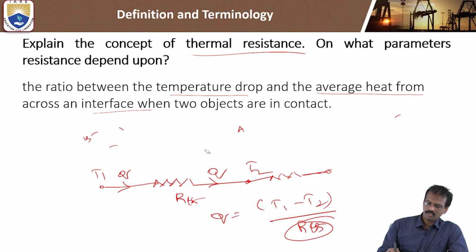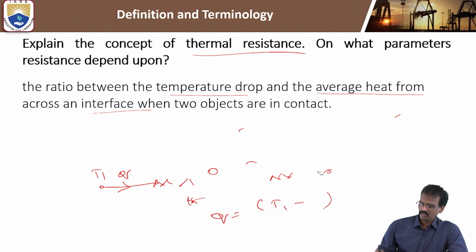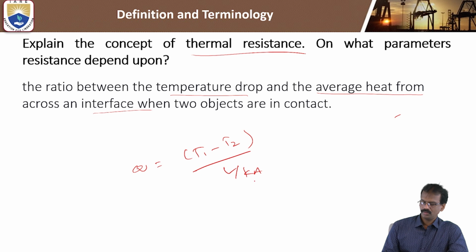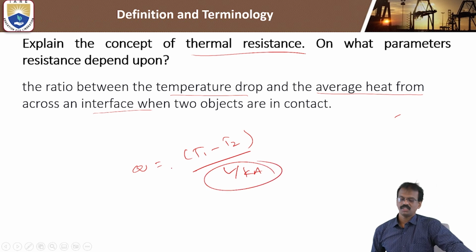Thermal resistance RTH depends upon the area. According to this formula, Q is equal to T1 minus T2 by L by Ka, which is called thermal resistance.